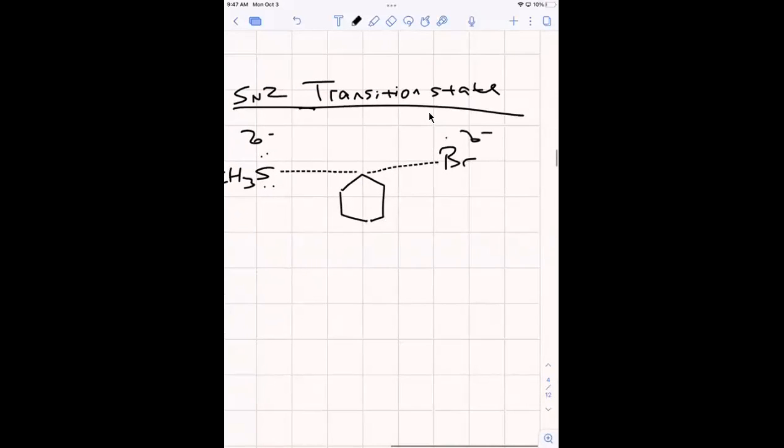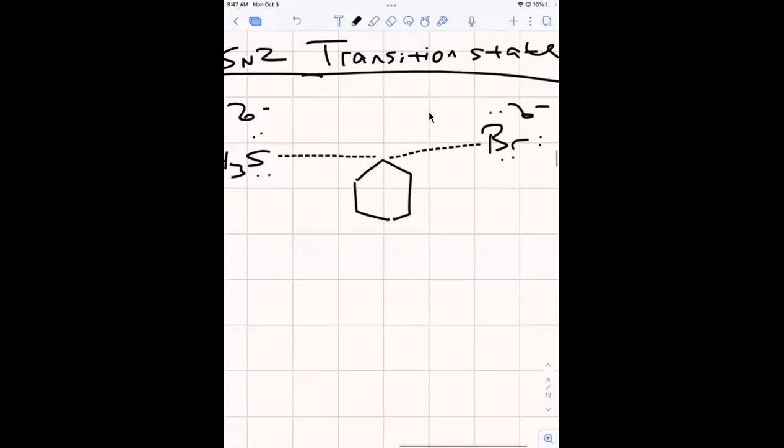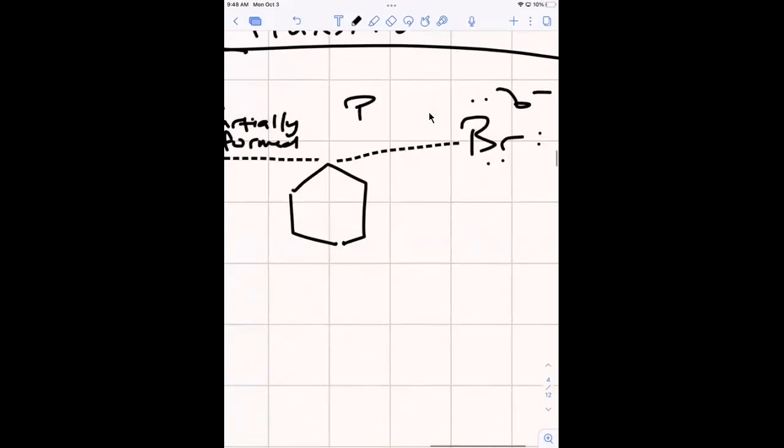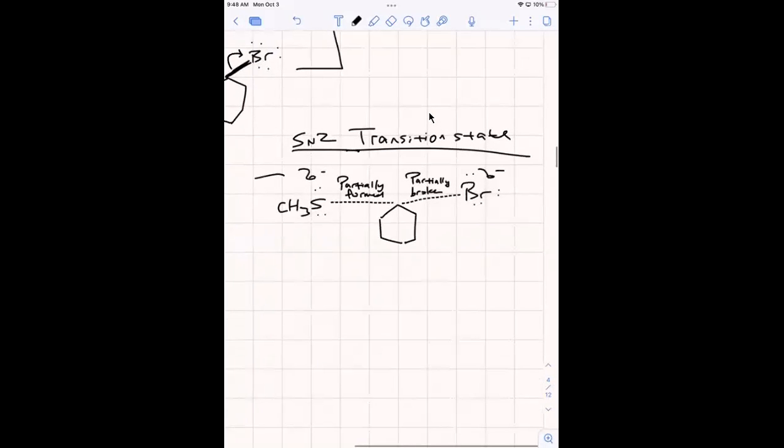This is also partially negative because it's leaving with a pair of electrons. That's partially formed, and this is partially broken. So this is what the transition state for that reaction will look like.